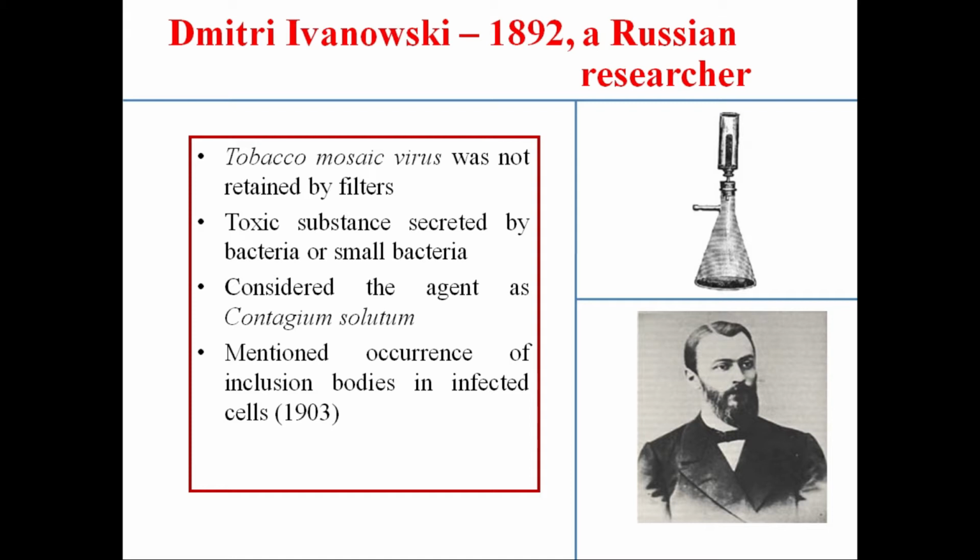He used the filtration technique, and his observation was that tobacco mosaic virus was not retained by the filters. His conclusion was that a toxic substance secreted by bacteria could be there in the sap, or there may be small bacteria.